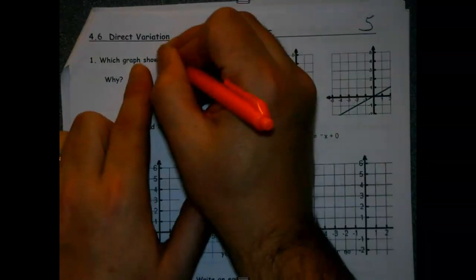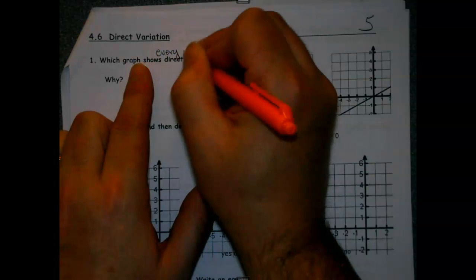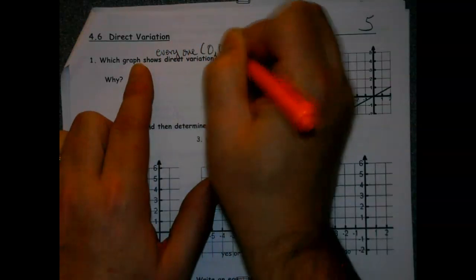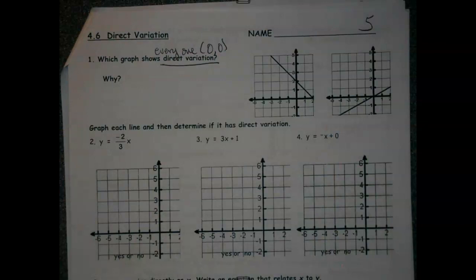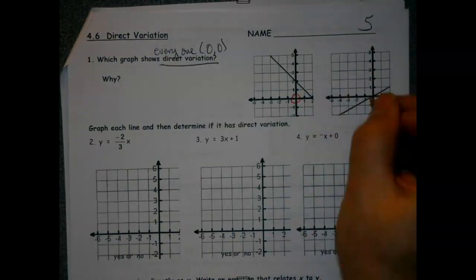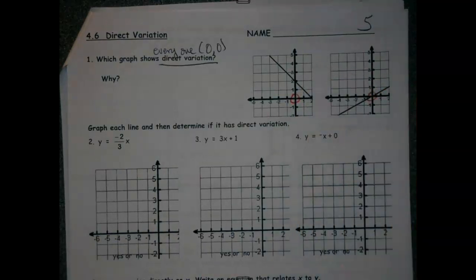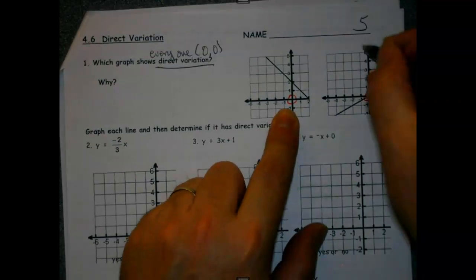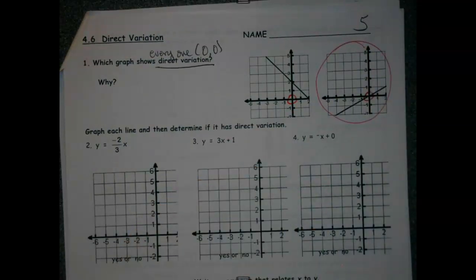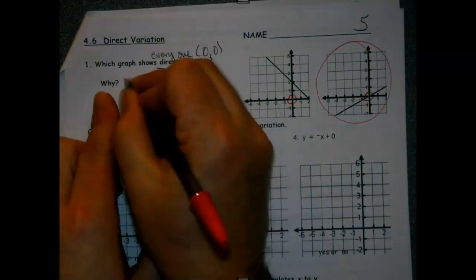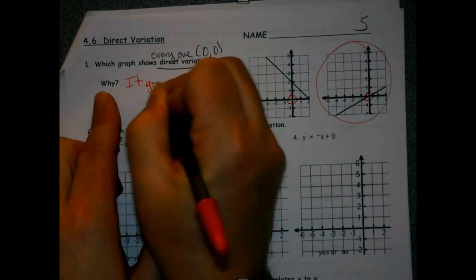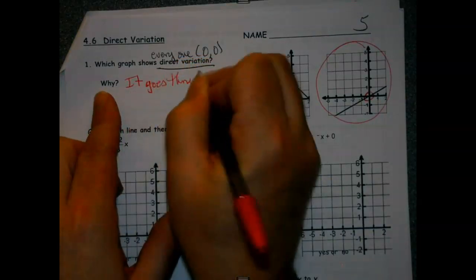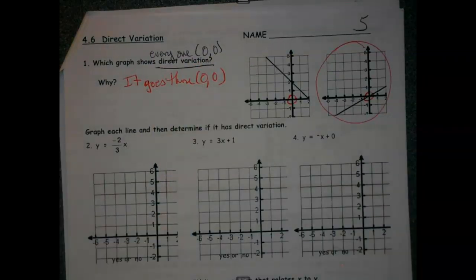Okay, so every one goes through 0, 0 if it's direct variation. If you ever have multiple graphs, that should be the first thing you look for. You look at 0, 0 on each of the graphs. Do they both go through 0, 0? No, this one doesn't. So that's the one I want because it goes through 0, 0, as simply as that.